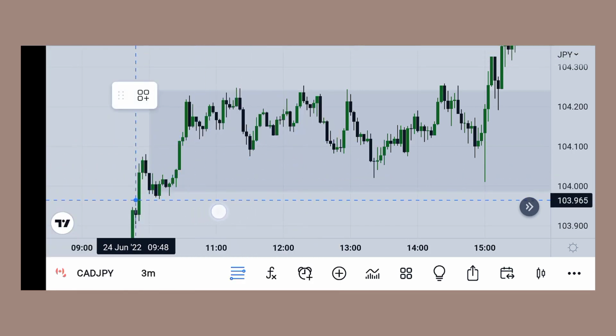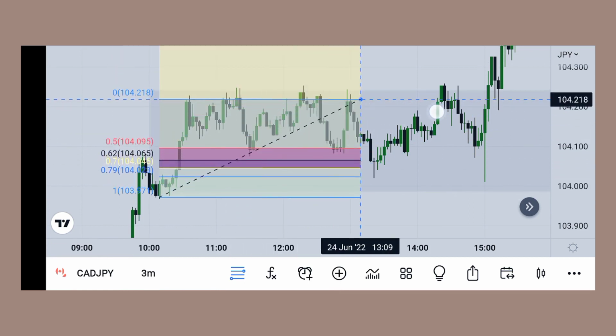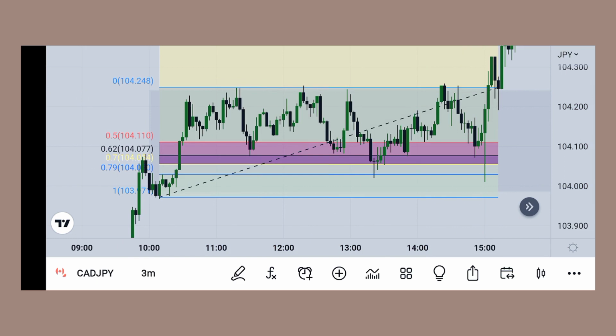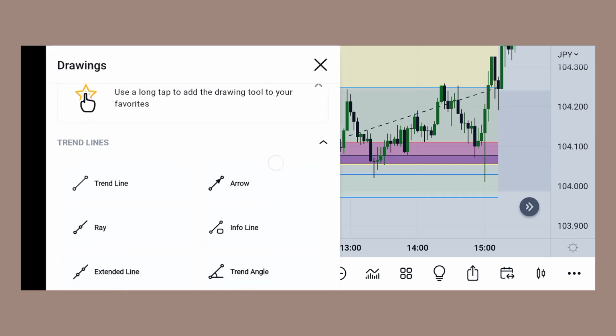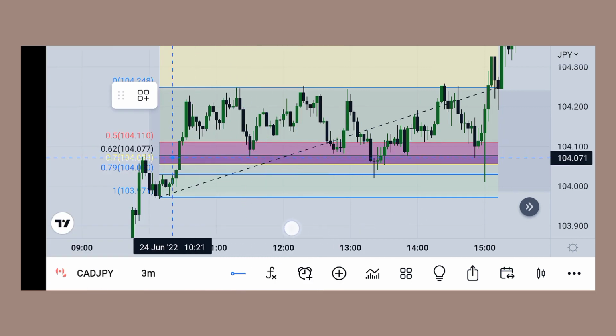So this high, this low to this high. Below the 50% or below the 62%, that's this point, is what is your discount. Around this point, that's 60%.